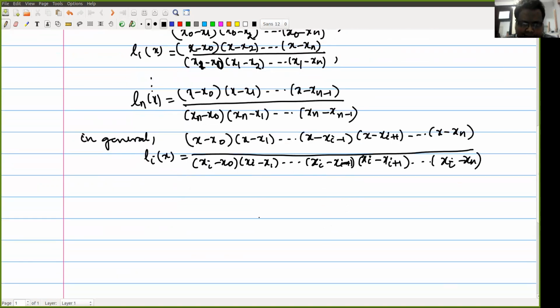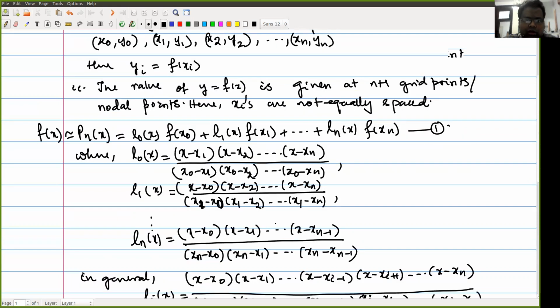I can write it using the big pi: the product of x minus xj over xi minus xj, j varying from 0 to n, where j is not equal to i. This is the Li.